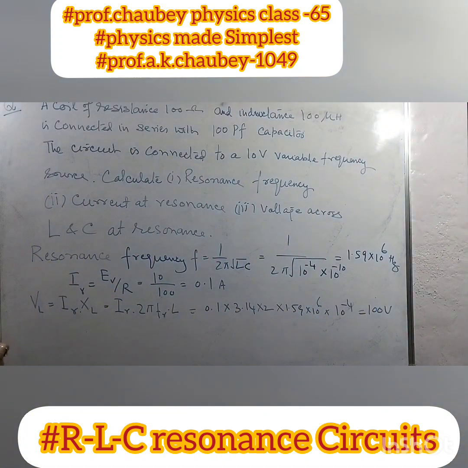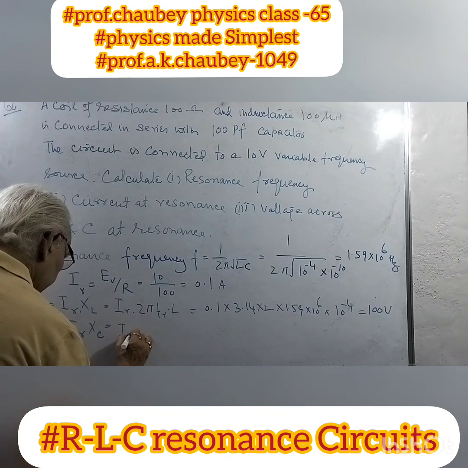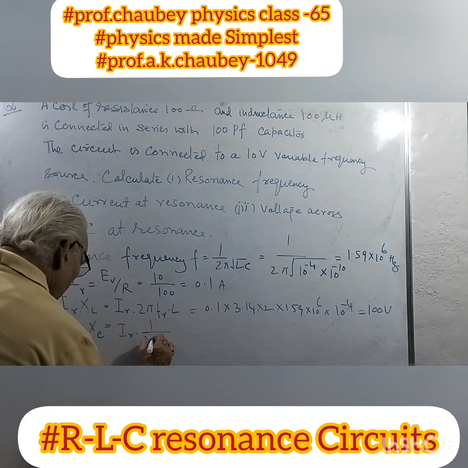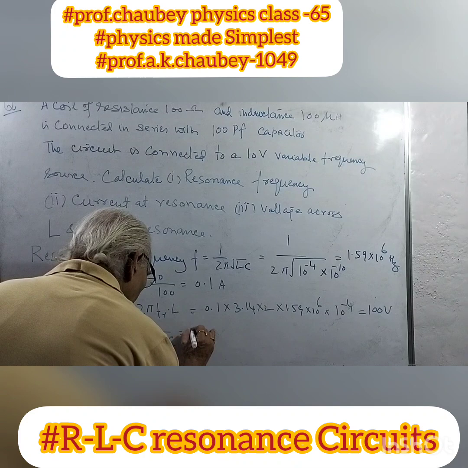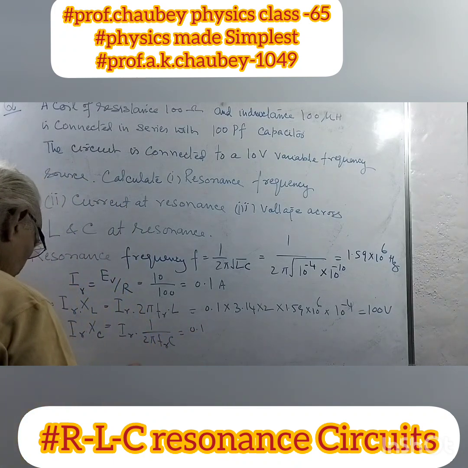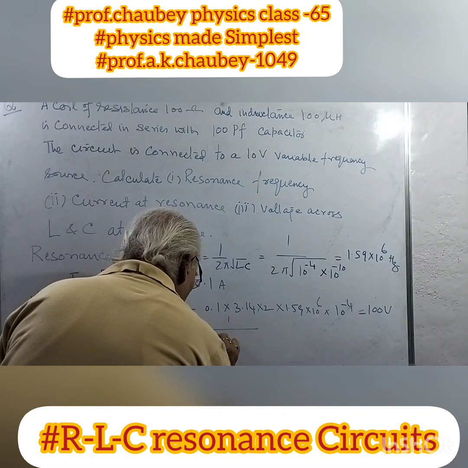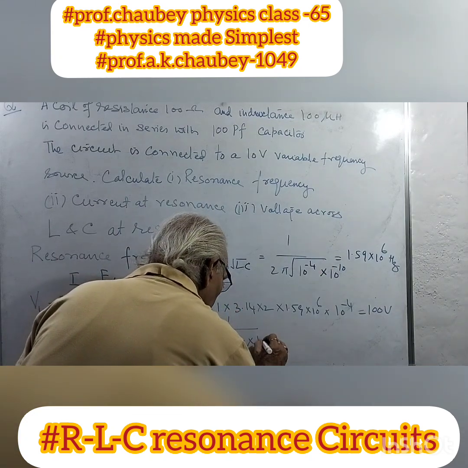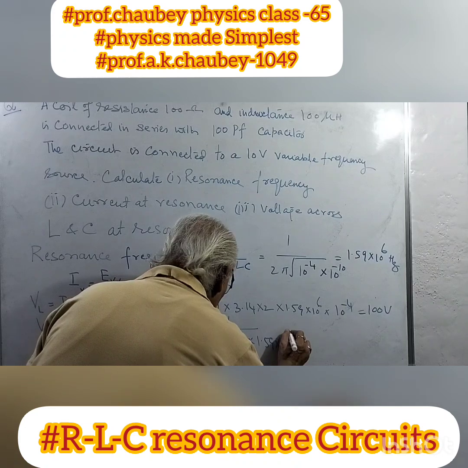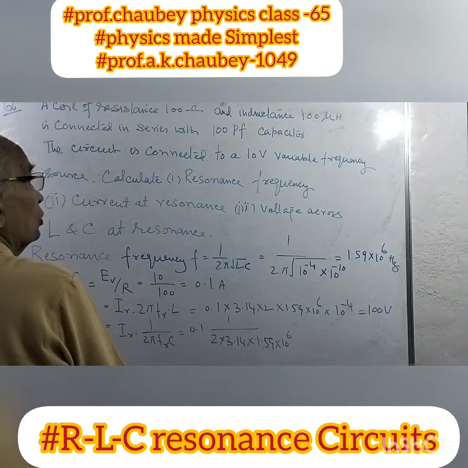So VL, and VC is of course IR into XC. That is IR times 1 over 2 pi FR into C. So this is 0.1 times 1 over 2 into 3.14 into FR, 1.59 times 10 to the power 6, and C is 10 to the power minus 10.